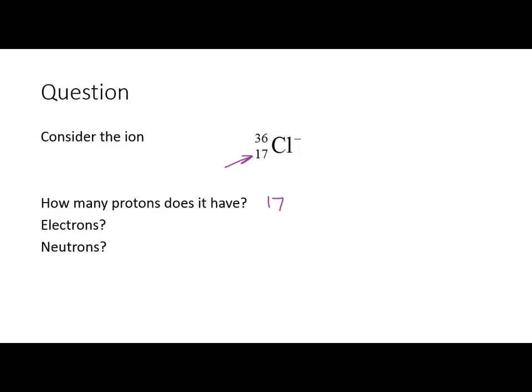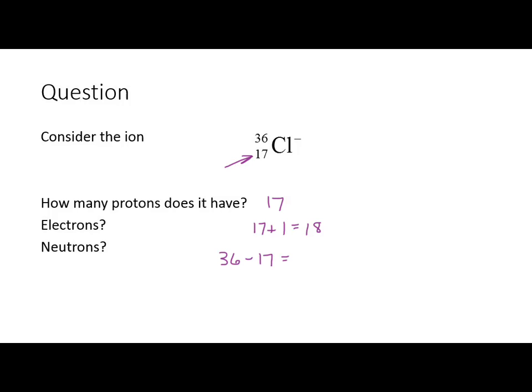Electrons, well in this case we would have 17 electrons if it was neutral, but now we have an extra electron because it's a -1 charge, so actually it has 18 electrons. And neutrons we can get from the mass number, which is 36, minus the number of protons, which is 17.